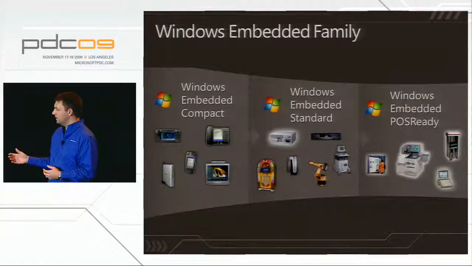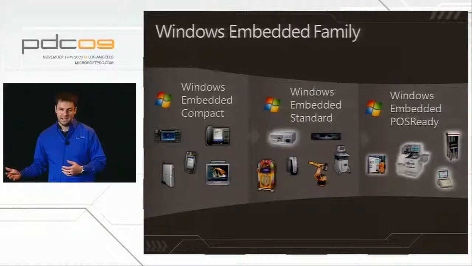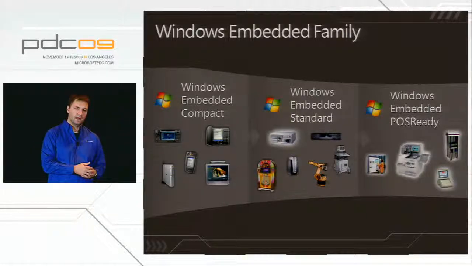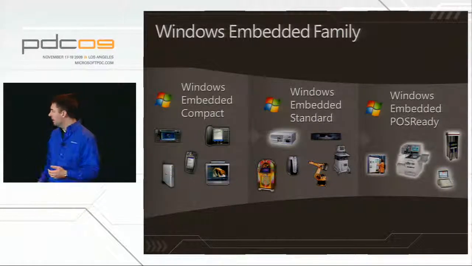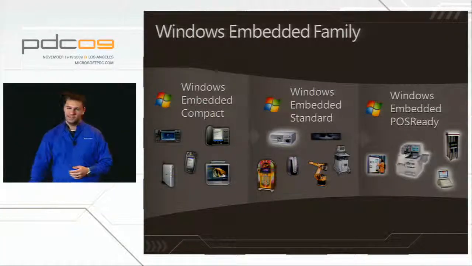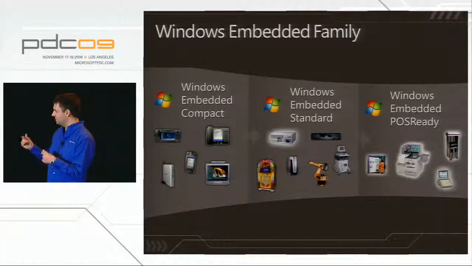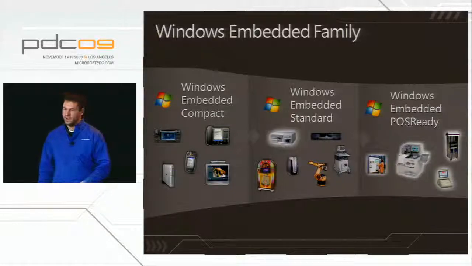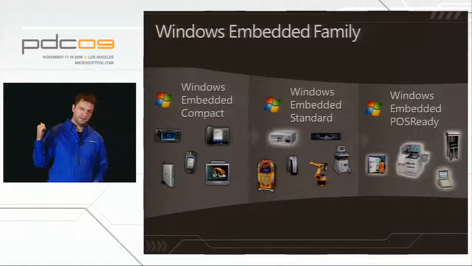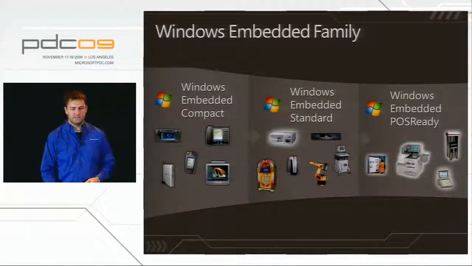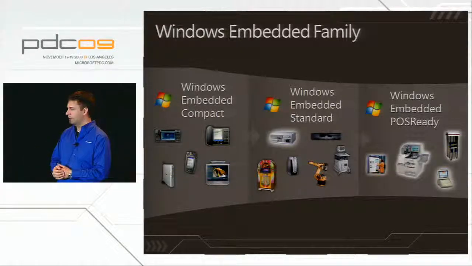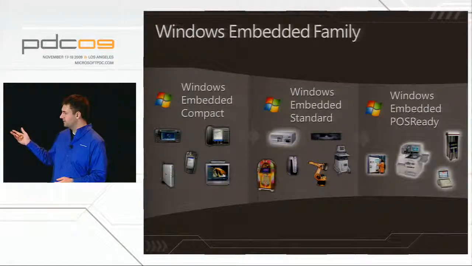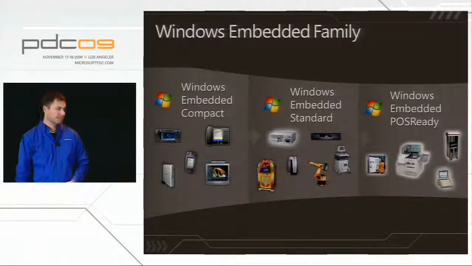Windows Embedded Standard runs on things like ATMs, cash registers, thin clients, martini mixers, jukeboxes, things like that. And then finally, we have the Ready family of products, including Windows Embedded POS Ready, which is kind of an easy way to get started for point-of-sale devices like cash registers.